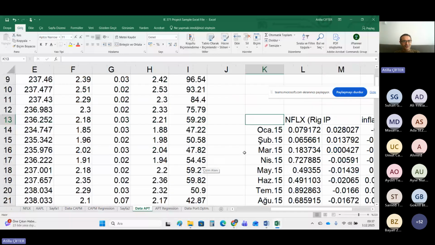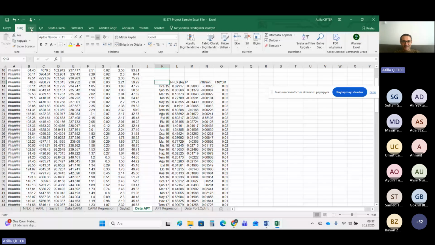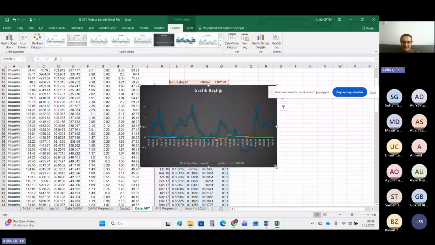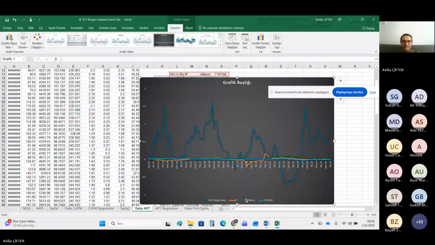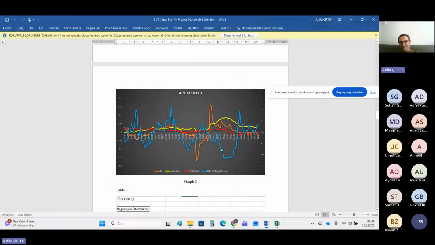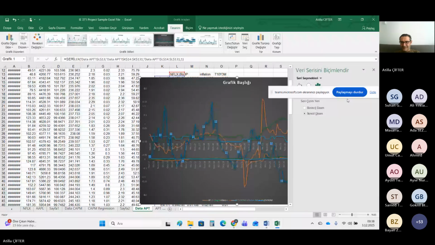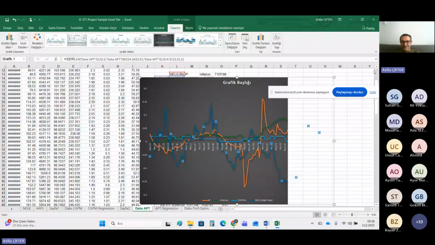Okay, so you just say add graph, and let's look at how I did. We have scale. Netflix is in the right scale. Select Netflix here in the right scale. So this is the graph.